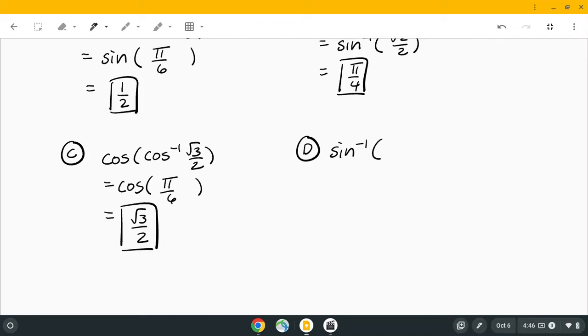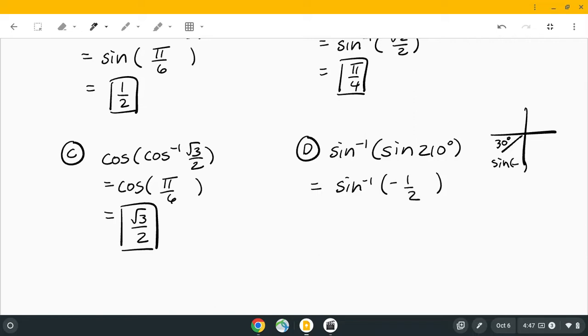Okay, and let's take a look at this example here. Sine inverse of sine of 210 degrees. Again, work inside the parentheses. Sine of 210 degrees. 210 degrees lands in the third quadrant with a reference angle of 30. Sine here is negative, so it's going to be negative 1/2.